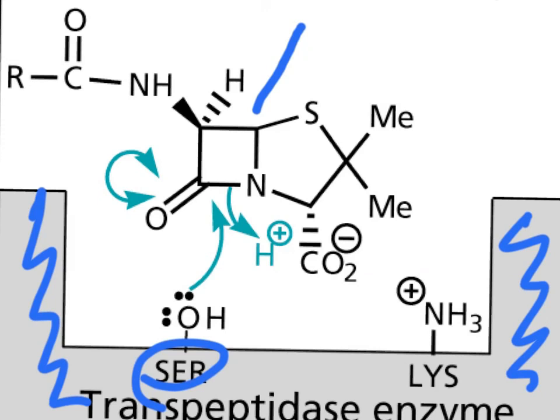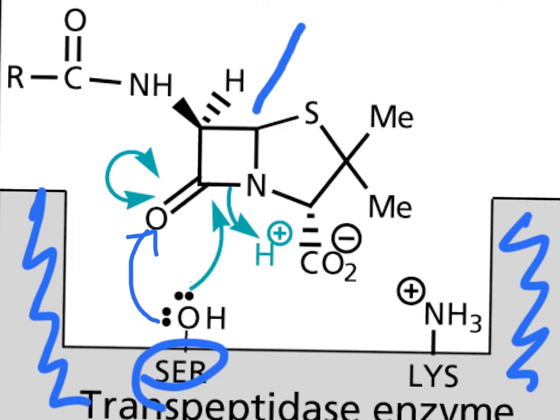Serine, having these two lone pairs, attacks the ring at the carbonyl carbon. Please don't show me what a lot of students previously showed me, using one of those as the method.